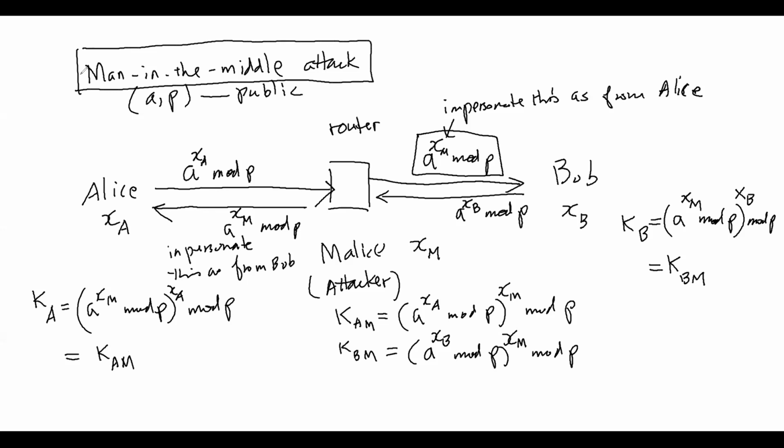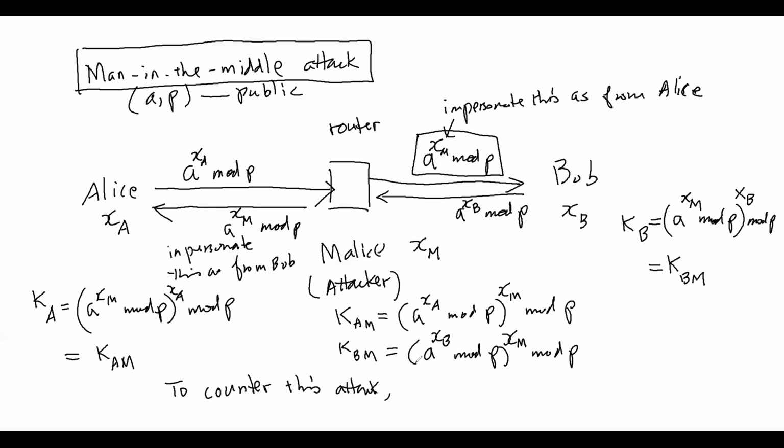To counter this attack, authentication is needed. Alice needs to know whatever she gets from Bob is indeed from Bob, okay?